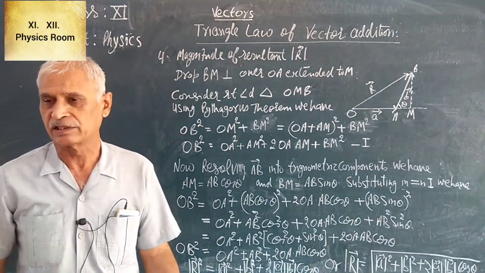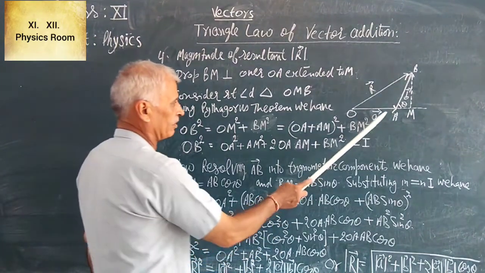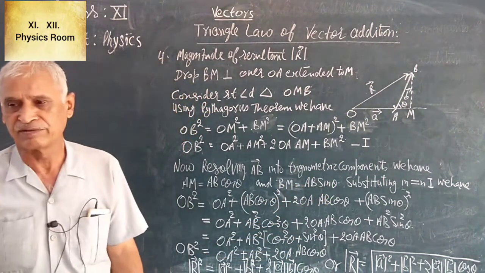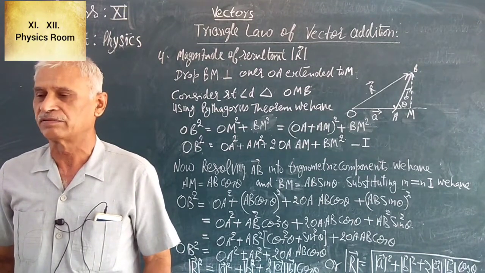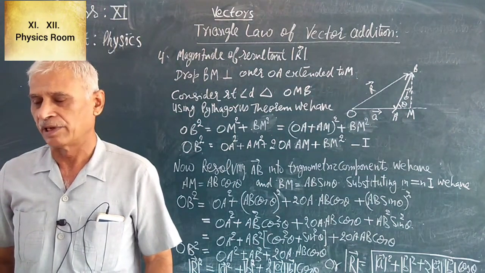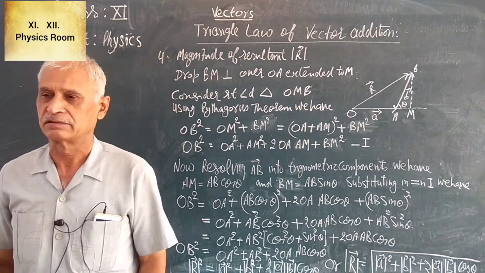If there are two vectors, vector A and vector B, inclined at an angle theta, then the resultant is given by the expression mod R is equal to under root of mod A square plus mod B square plus 2 mod A mod B cos theta.